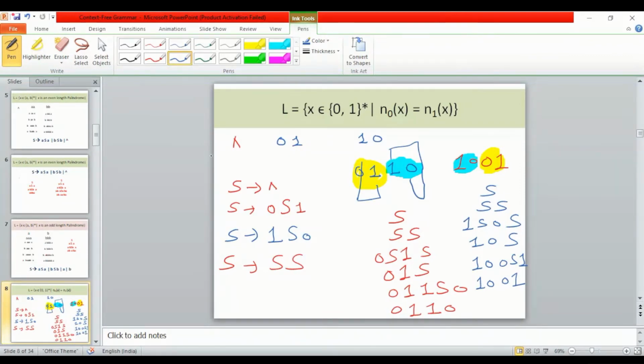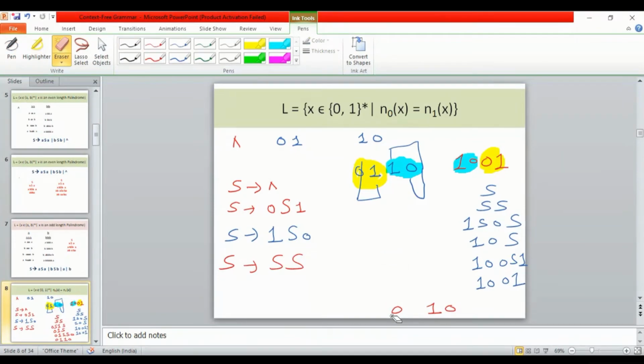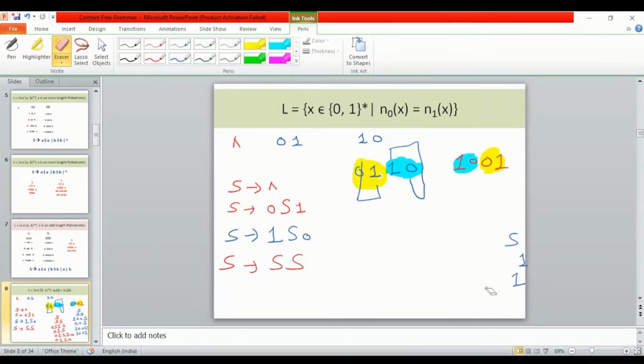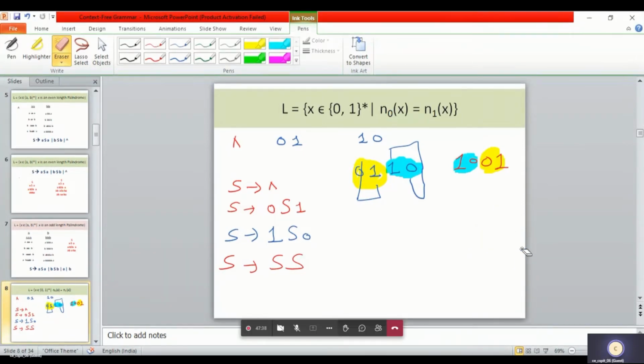So if you look at this, we have checked all the combinations of length 4. First we checked length 0, then length 2, then length 4. All combinations having an equal number of zeros and ones have been checked here. By going through all these examples, it is clear that it is a valid grammar, which will give the final answer.